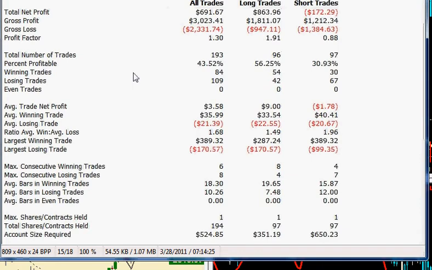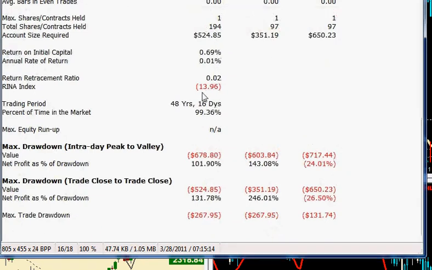This is about 50 years worth of data on the S&P. The percentage of profitable trades is about 43%. The net profit, and this is again over I believe 48 years, is about $700. Put another way, the annual rate of return on bullish and bearish engulfing patterns is approximately 0.01%.